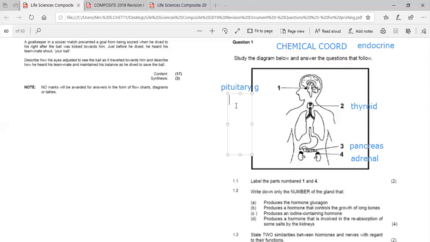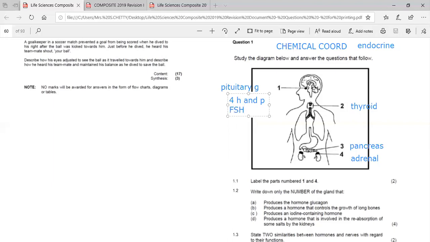How do we remember the hormones produced by the pituitary gland? I teach children to remember it as 4 H's and a P. What on earth does it stand for? What are the 4 H's then, my darling? The 4 H's are, yes, FSH, let's put it down in caps.